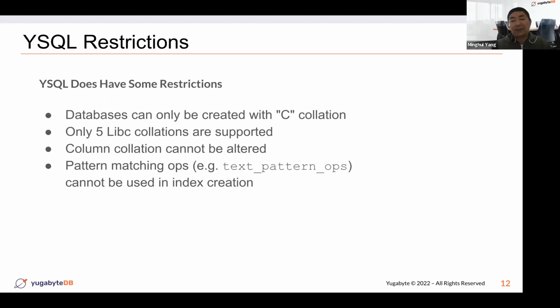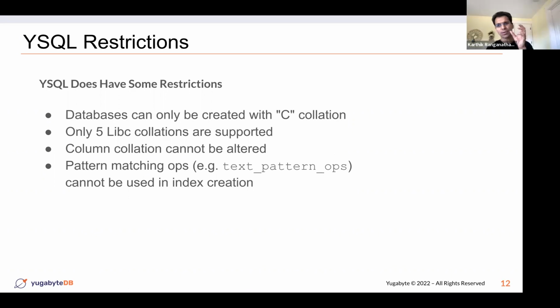Even in Postgres, you cannot create a database with a libICU collation. I'm not sure about Postgres 14, but as far as I know, in Postgres 13, you cannot create a database with ICU collation. That is still not implemented.